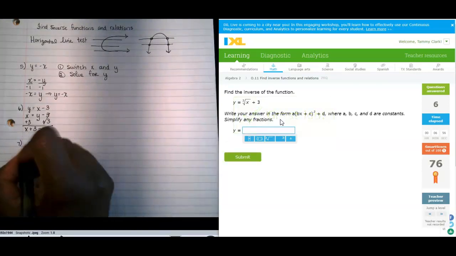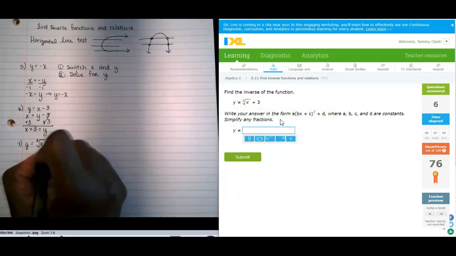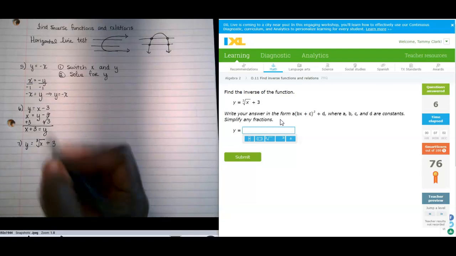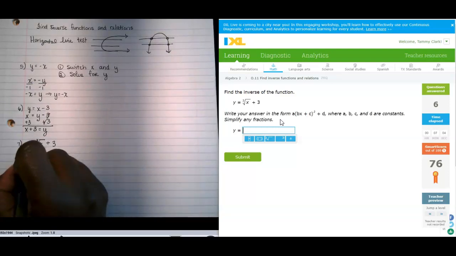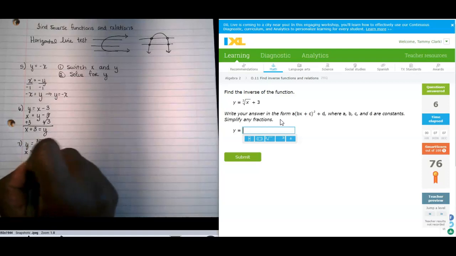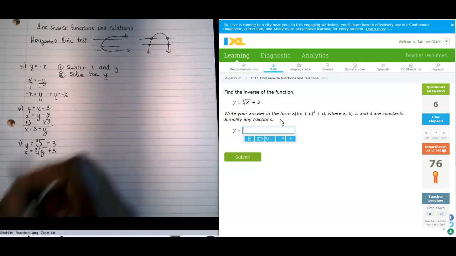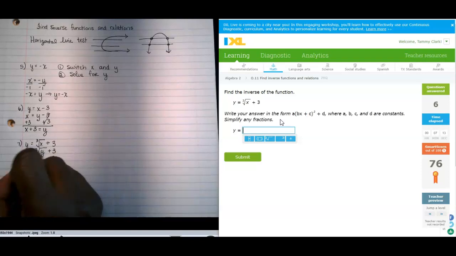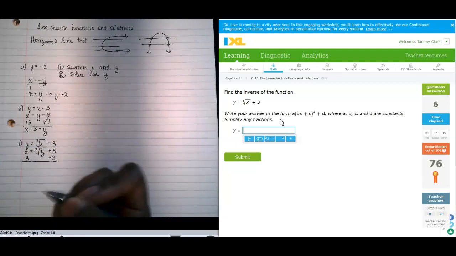Seventh question, y is equal to the cube root of x plus 3. So switch, so I've got x is equal to the cube root of y plus 3. I'm going to subtract 3 from both sides of the equation.